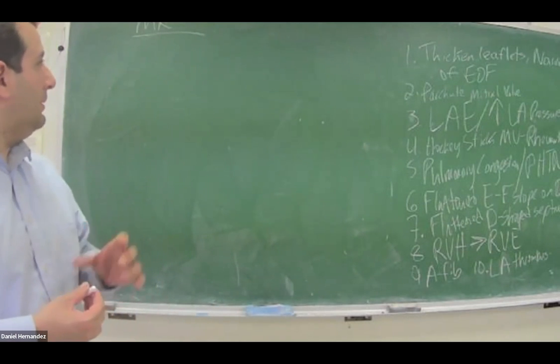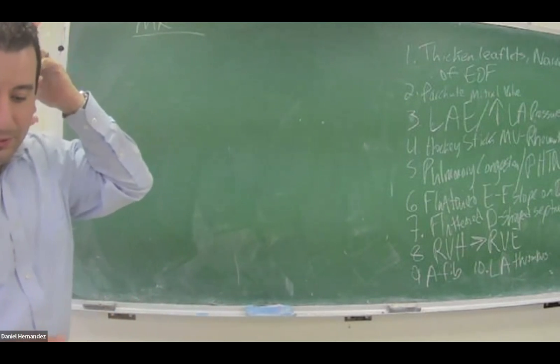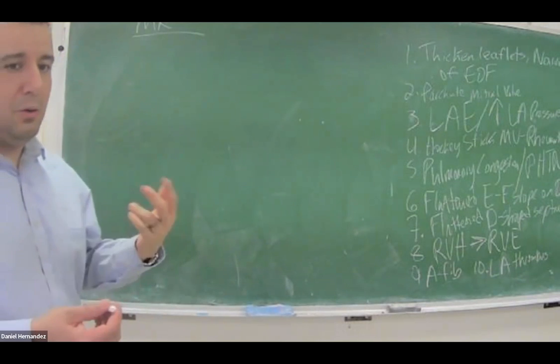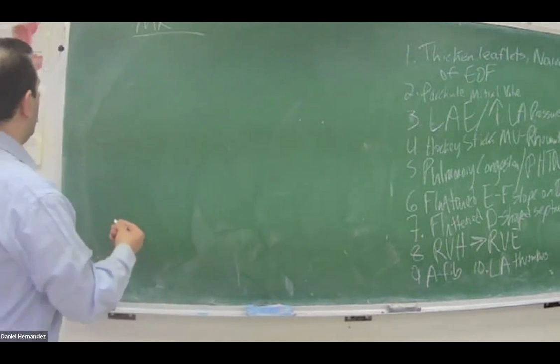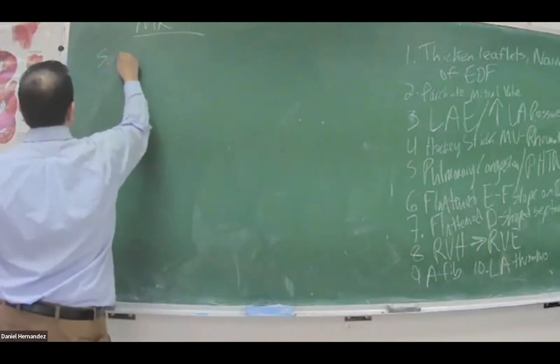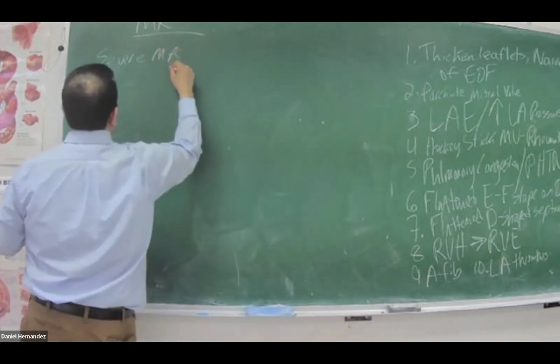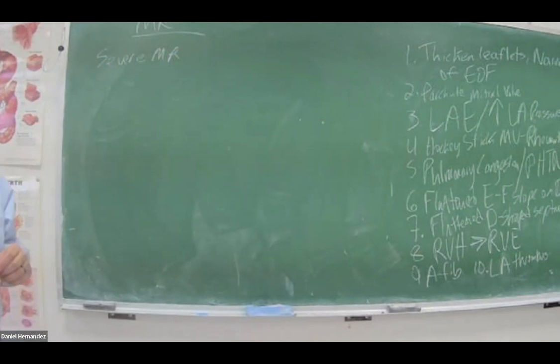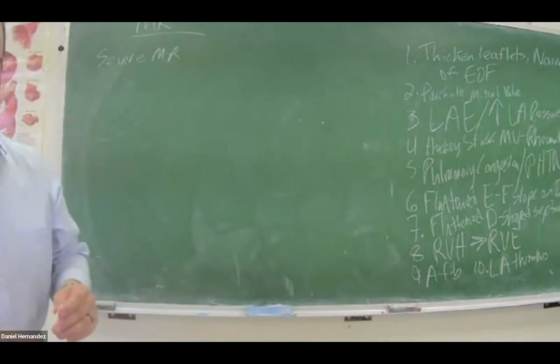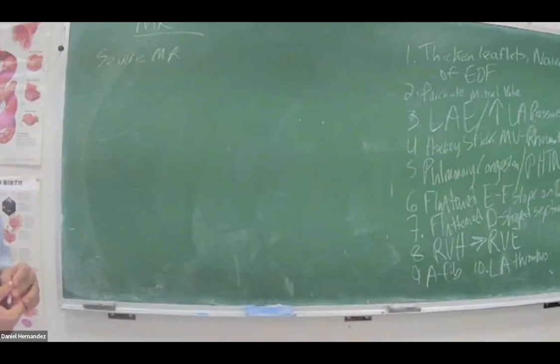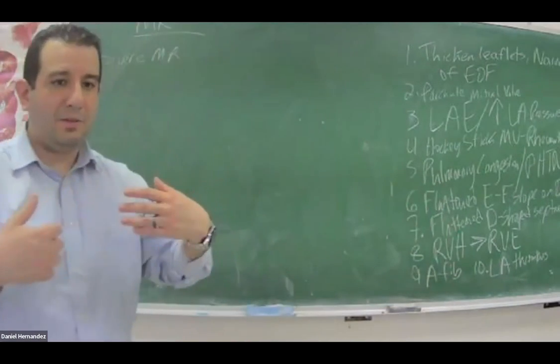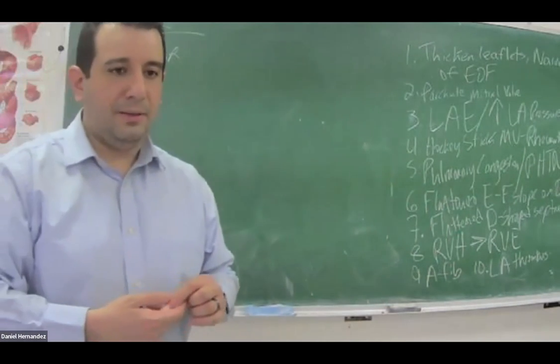So for MR, I know the boards will really like you to be able to know, when you're talking about severe MR, what some of the characteristics are. So with severe MR, that regurgitant jet is going to go all the way back to the back wall of the left atria.